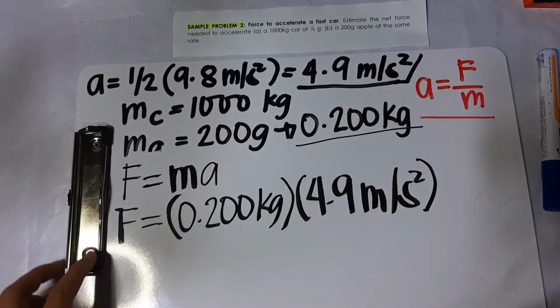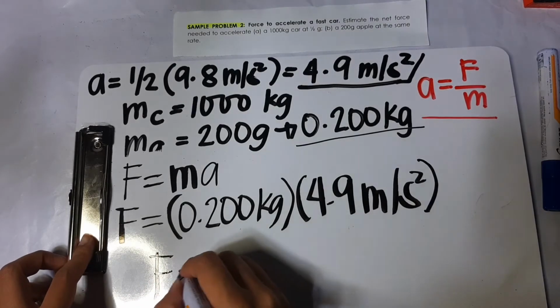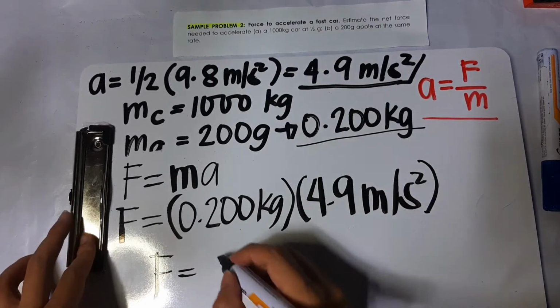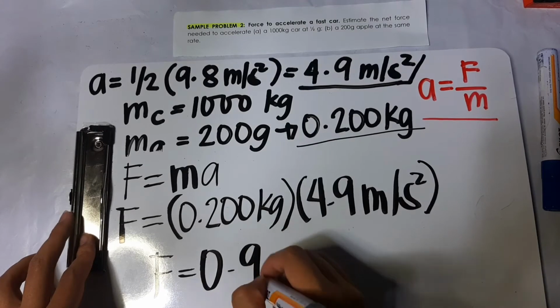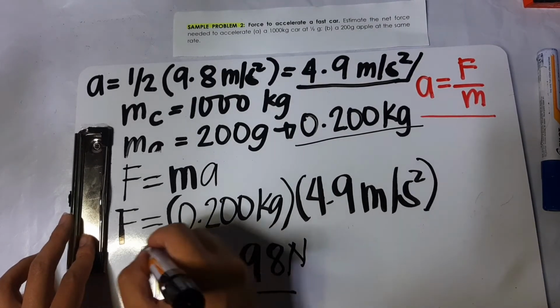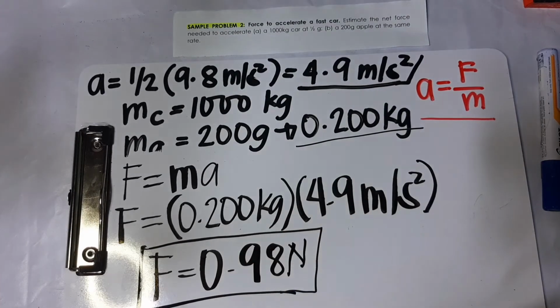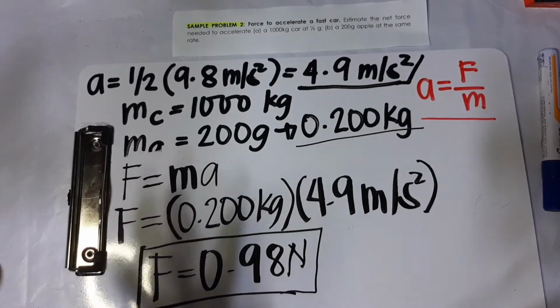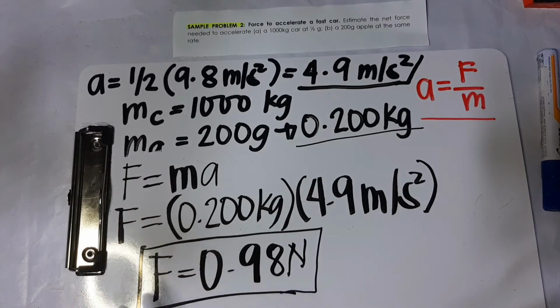So the value of our force is equivalent to 0.98 newtons. So the net force of the apple with a mass of 0.200 kilogram and an acceleration of 4.9 meters per second squared is 0.98 newtons.